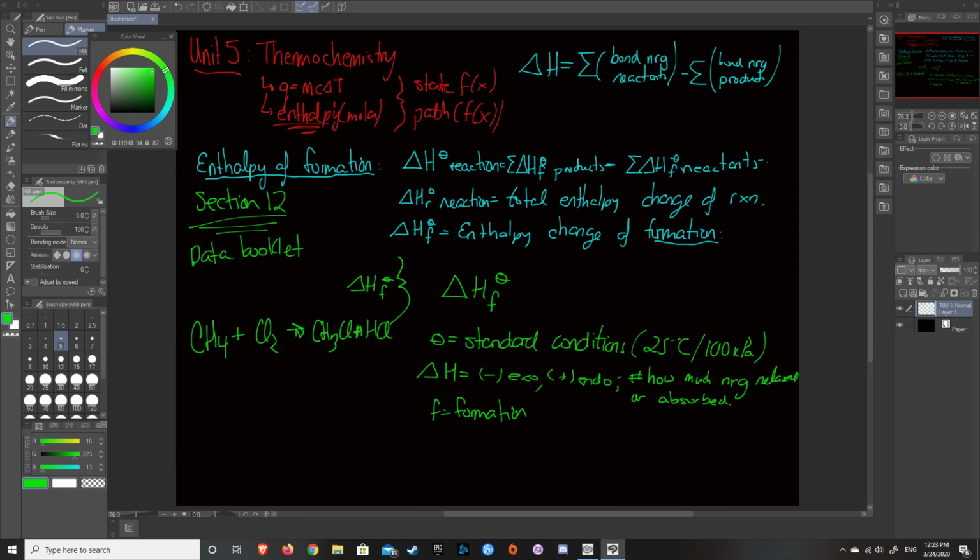So let's look at this reaction. So another way of calculating, we said that enthalpy is a state function. So it doesn't matter how we get to these products. We can either calculate it the old way, which was up here.